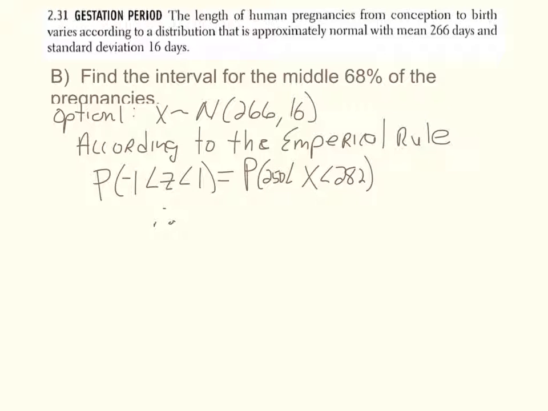Therefore, the number of days of pregnancy has to be greater than 250 days and less than 282 days to fall within that middle 68%. Three dots stands for therefore. Option 2, and option 2 works better with middle percentages other than 68.